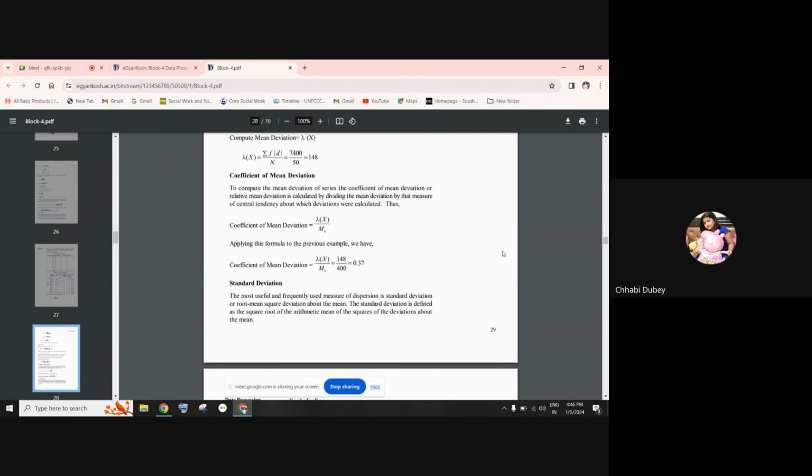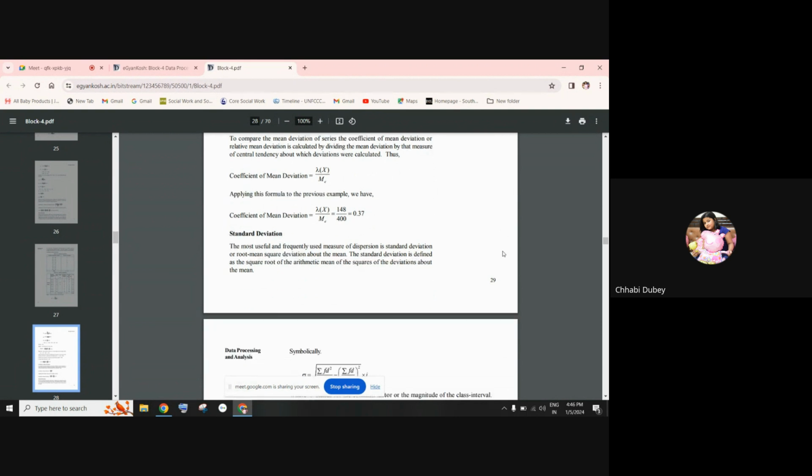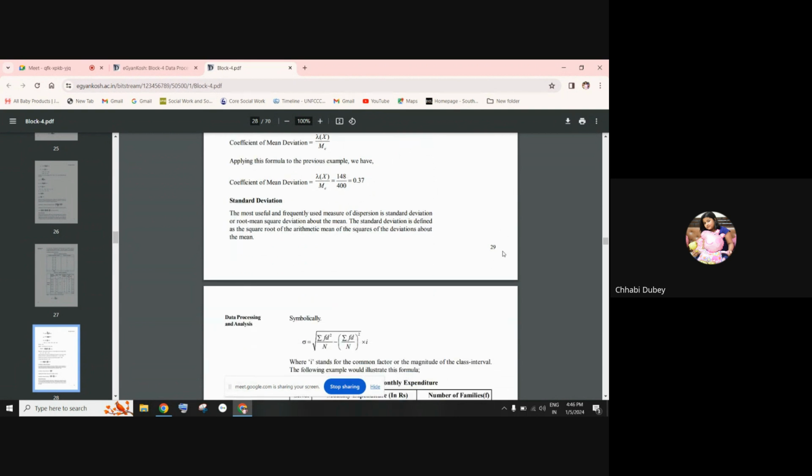go to the standard deviation here. Standard deviation is the most frequently used of all the measures of dispersion, and standard deviation is nothing but the root mean square deviation about the mean.